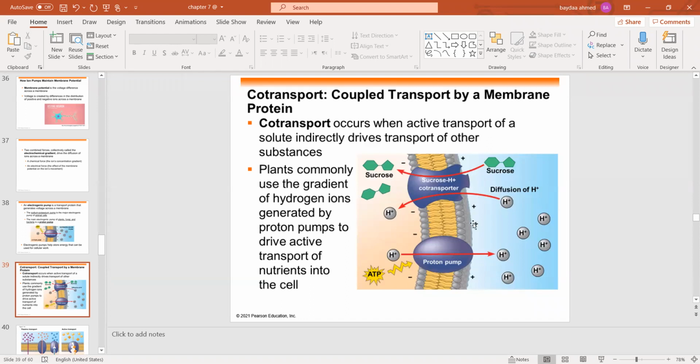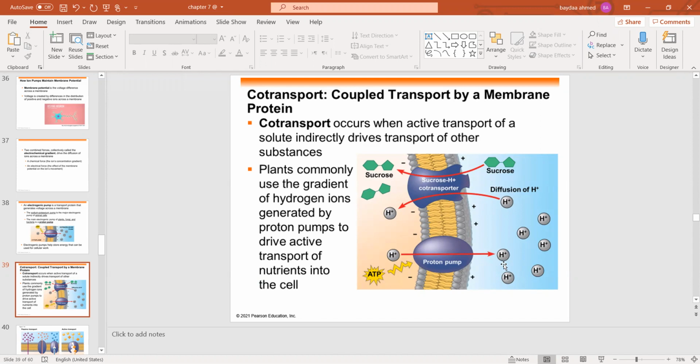The cell wall is not shown here, although it's not technically part of the transport process. An ATP-driven proton pump is shown here at the bottom, which concentrates hydrogen outside the cell.